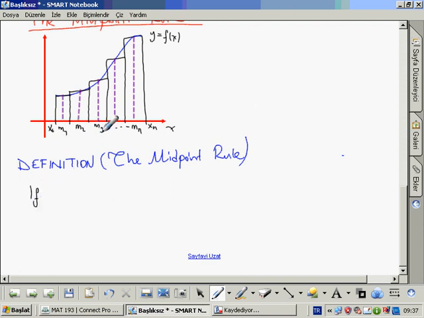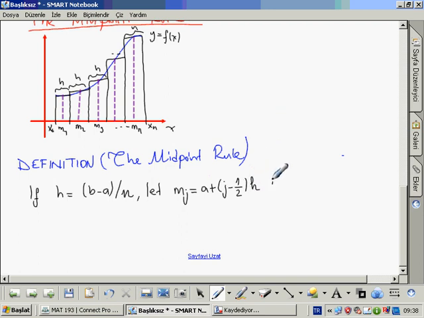If h equals (b minus a) over n, and let mj equal a plus (j minus 1 over 2) h, for 1 less than or equal to j less than or equal to n.